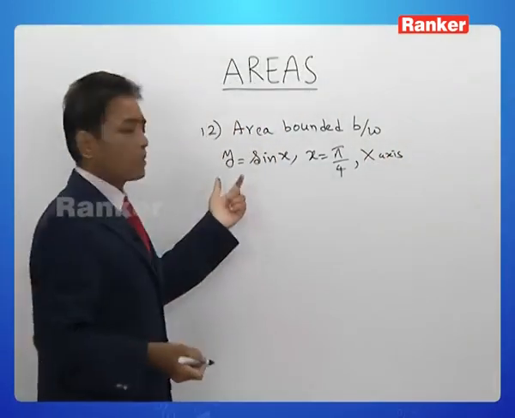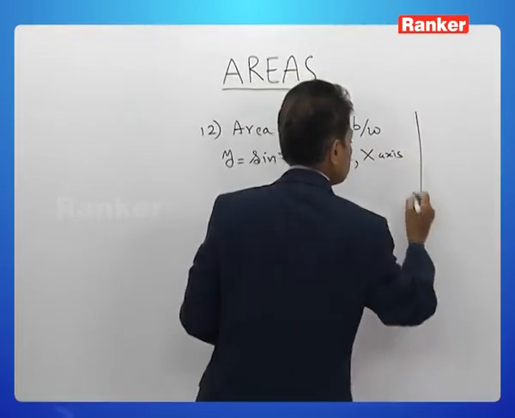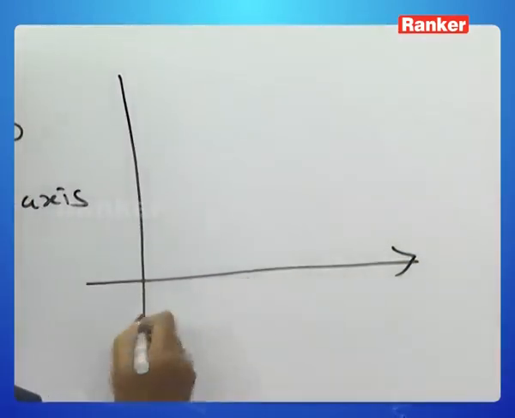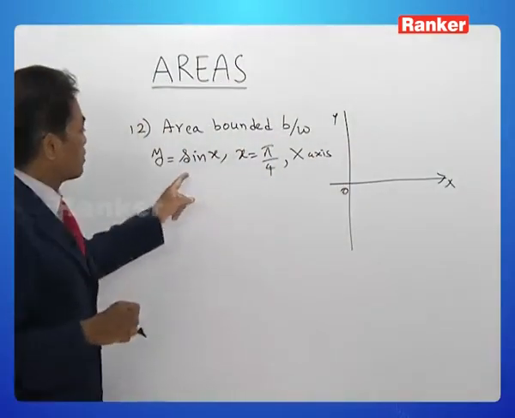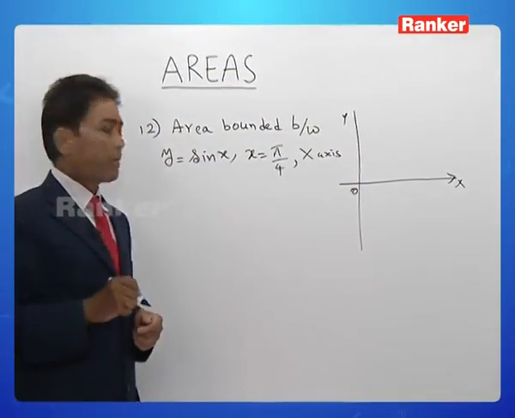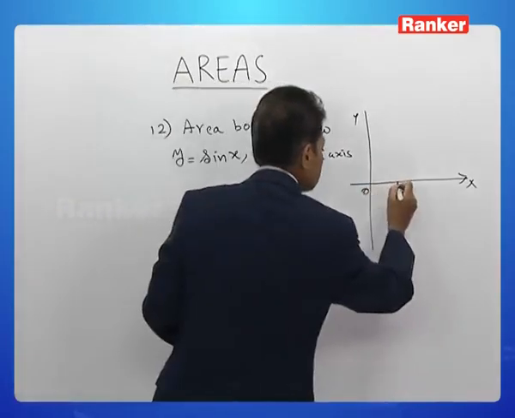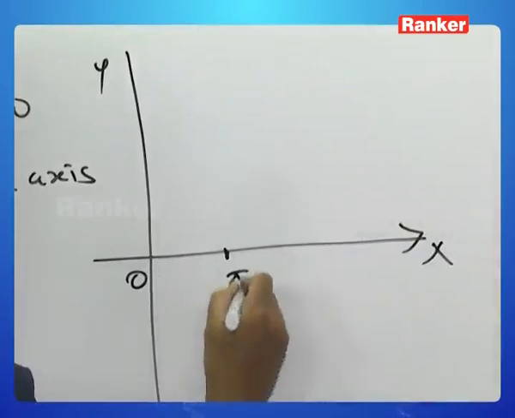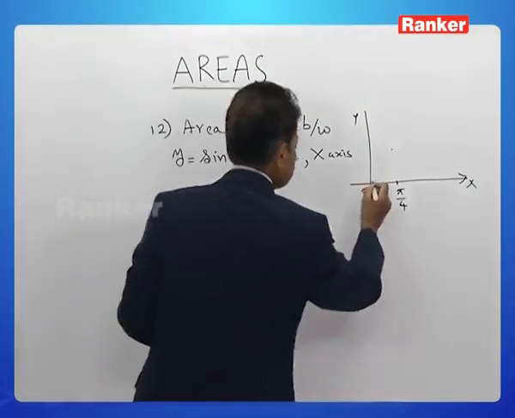So let us try to draw this diagram and find the area. As usual, x axis, y axis. Now put x is equal to pi by 4. Sin pi by 4. What is sin pi by 4? 1 by root 2. So somewhere 1 by root 2. If you put 0, 0.